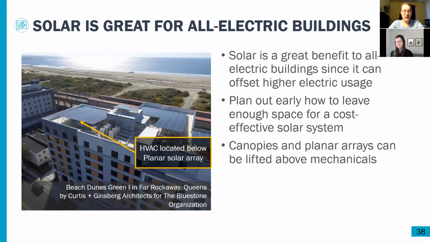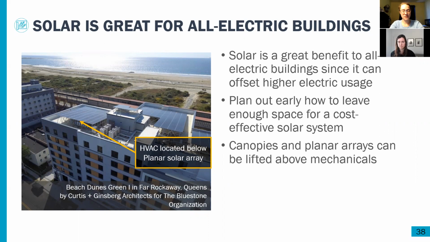I also want to point out that solar is great, if not necessary, for all-electric buildings. And since electric buildings are the future, all new construction buildings are going to have to be electrified, I think the importance of making solar work is even more pronounced. And like I was saying earlier, solar panels can be raised above mechanical equipment, usually a canopy array or even a high planar array, which isn't as expensive.